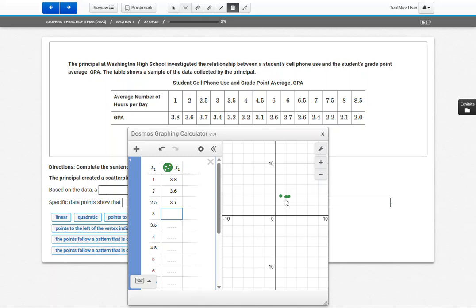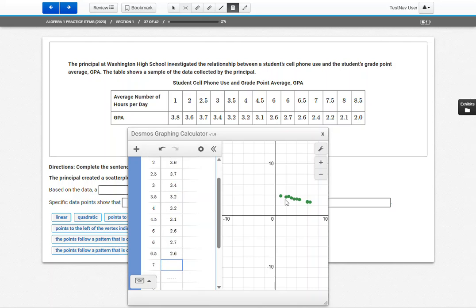So it's going 3.4. You can see that the data keeps going down, meaning that there's a decrease in how the points keep forming. And so on. I'm just being very careful here, making sure that everything matches up.